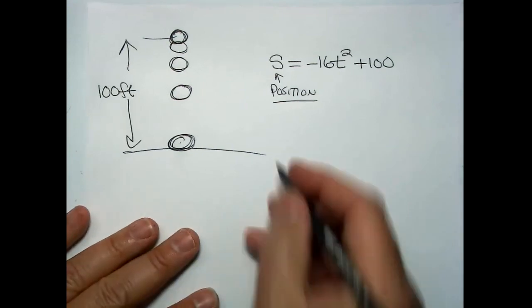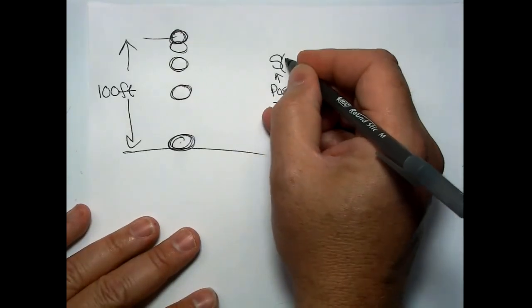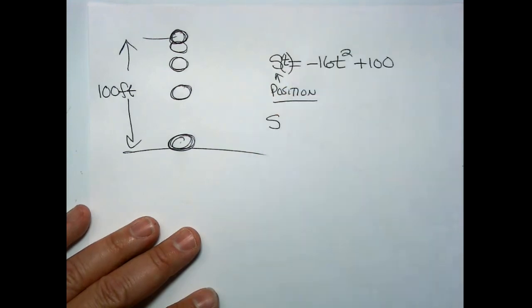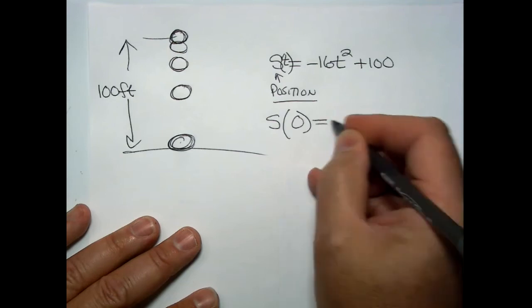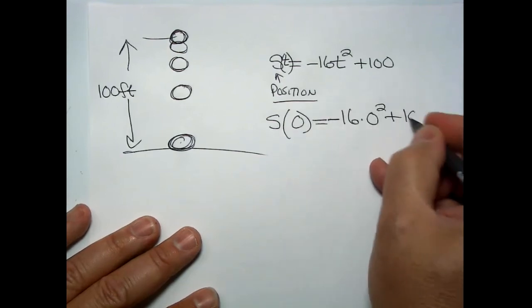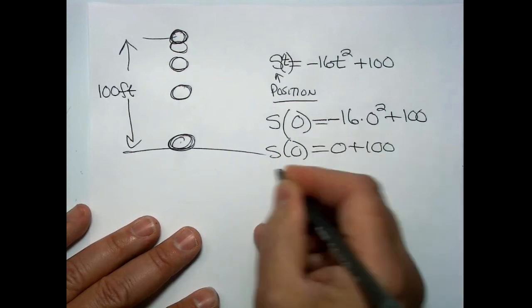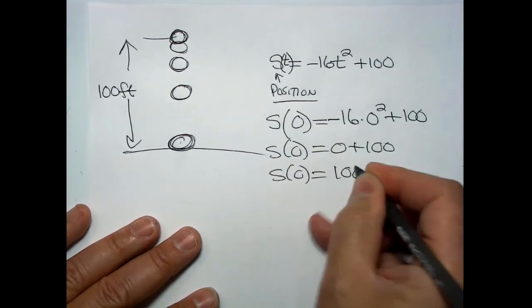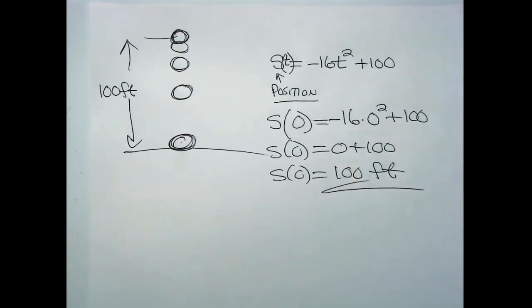Now, first thing we're going to do, what is the position, S of t? In other words, it's a function of time. What's the position at the very beginning of the problem? The beginning of the problem, the position is what we think it is, 100 feet. That's the beginning of the problem.